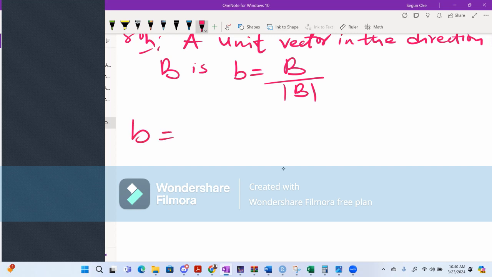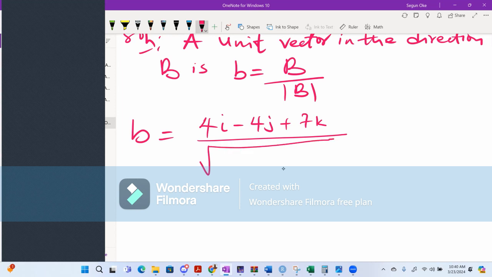Small b equals our vector B, 4i minus 4j plus 7k, divided by the square root of 4 squared plus minus 4 squared plus 7 squared. Because the same vector on top is the one you are finding the magnitude of. Please take note of that.